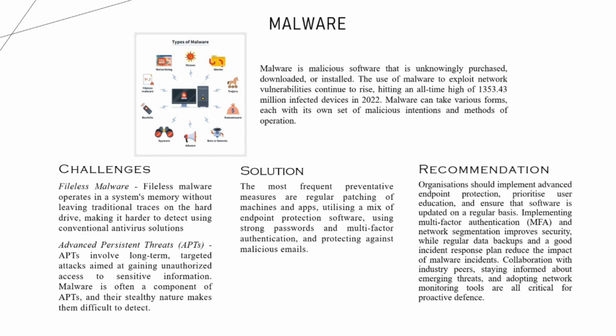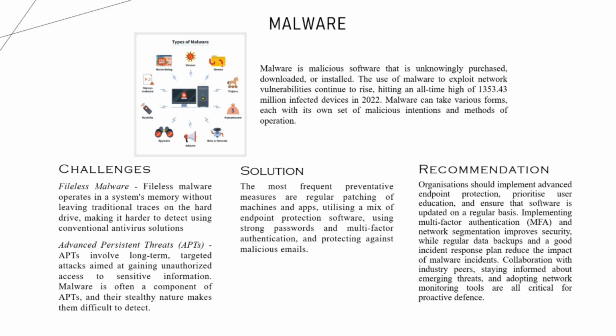And the solution: the most frequent preventive measures are regular patching of machines and apps, utilizing a mix of endpoint protection software, using strong passwords and multi-factor authentication, and protecting against malicious email. And the recommendation: organizations should implement advanced endpoint protection, prioritize user education, and ensure that software is updated on a regular basis.